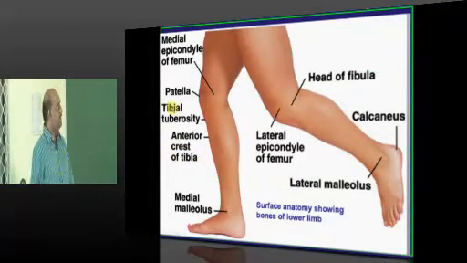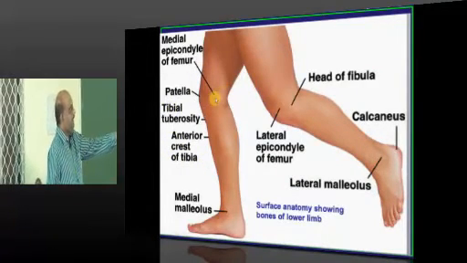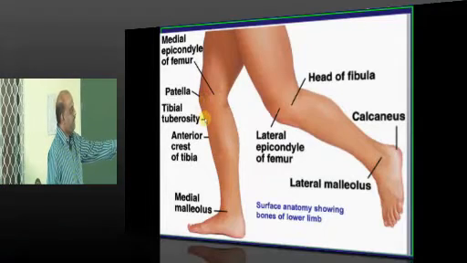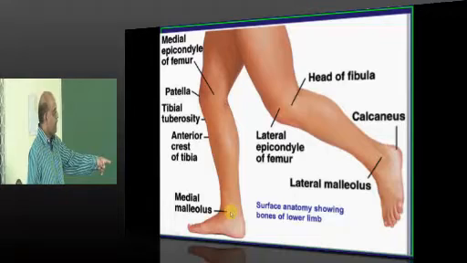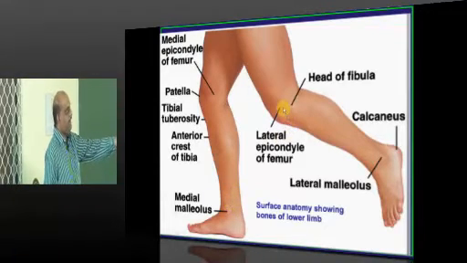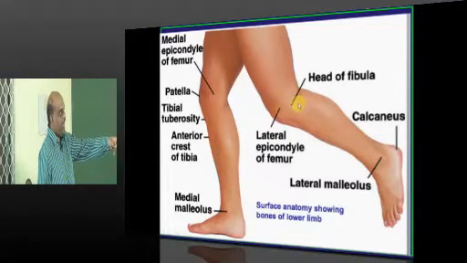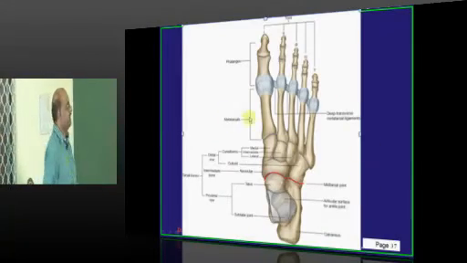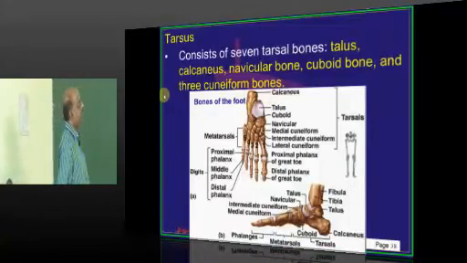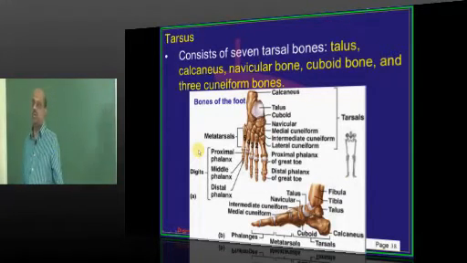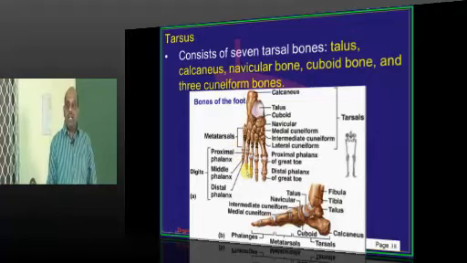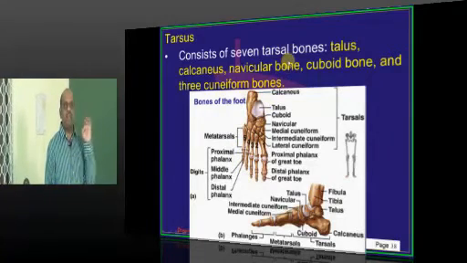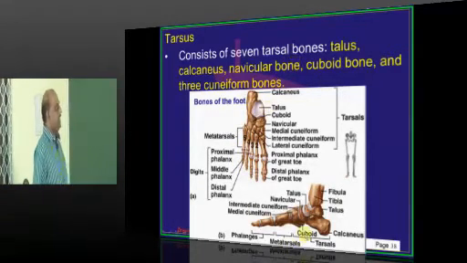So let us summarize, doctor. We have the medial epicondyle, patella, tibial tuberosity, anterior crest of the tibia which is subcutaneous. Then we have the medial malleolus, lateral epicondyle of the femur, head of the fibula, lateral malleolus, calcaneum, the classical surface markings. Now let us talk about the foot, the tarsus. The tarsus has 7 tarsal bones. What are they, doctor?